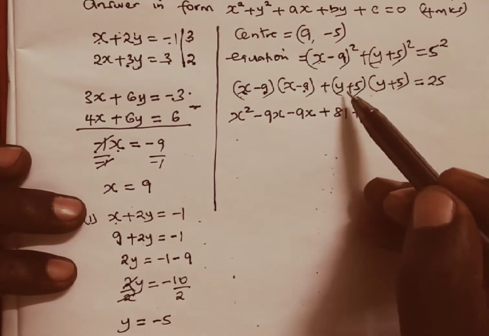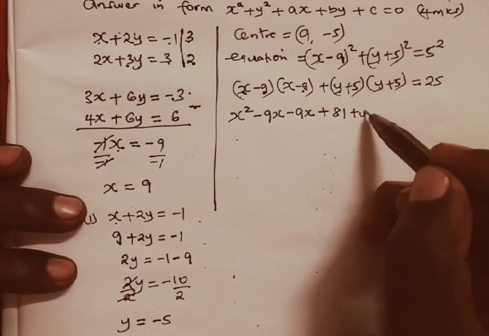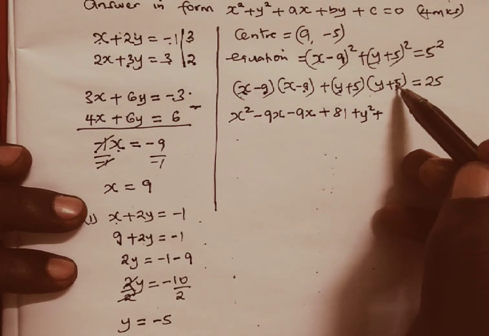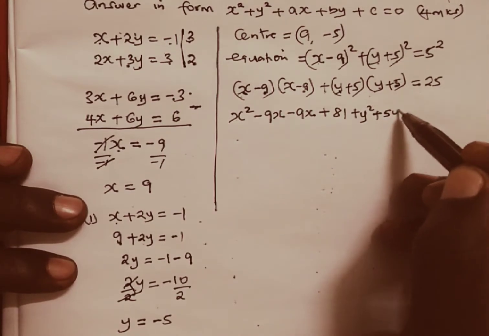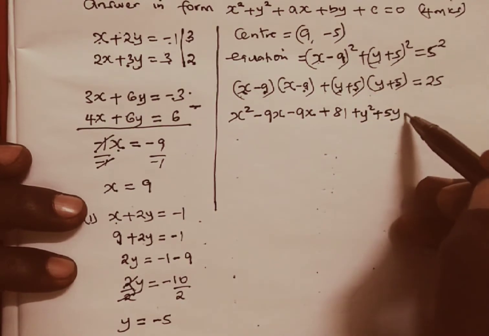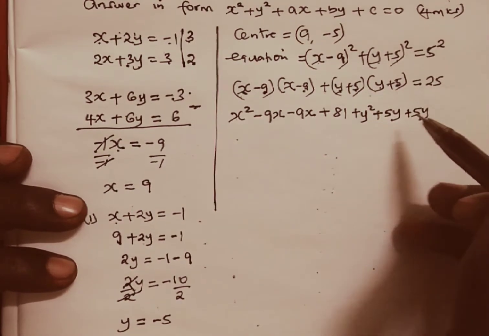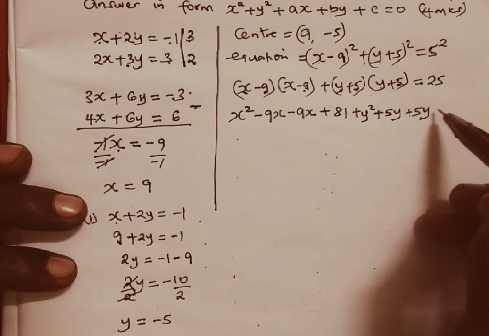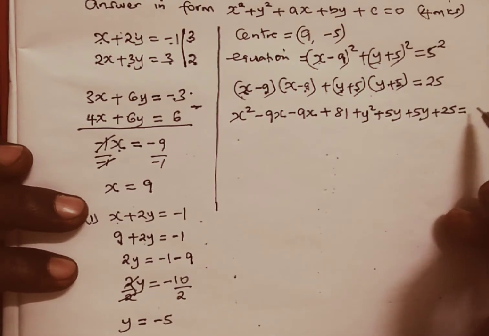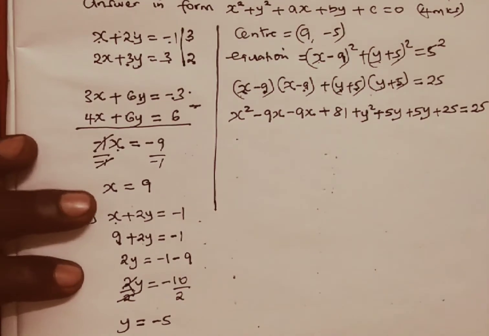We add y times y will give us y squared, plus y times positive 5 will give us positive 5y. Now we multiply with 5, positive 5 times y will give us positive 5y. Then 5 times 5 will give us positive 25, and this is going to be equal to 25.